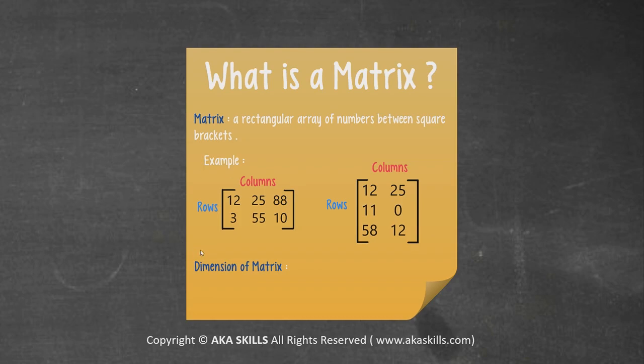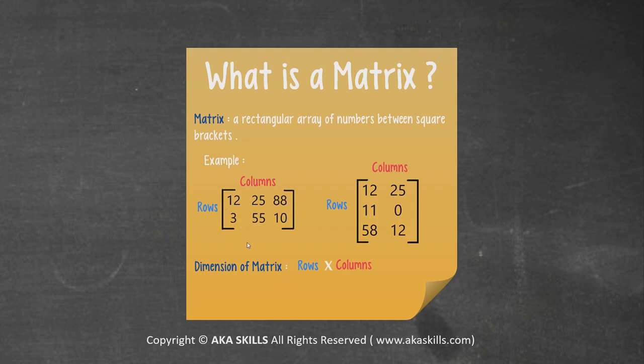So what's the dimension of a matrix? Simply what I just mentioned, which is rows multiplied by columns. When I say this, I don't mean to actually multiply. For example, here you multiply 2 by 3 and say, oh, the dimension of a matrix is 6.